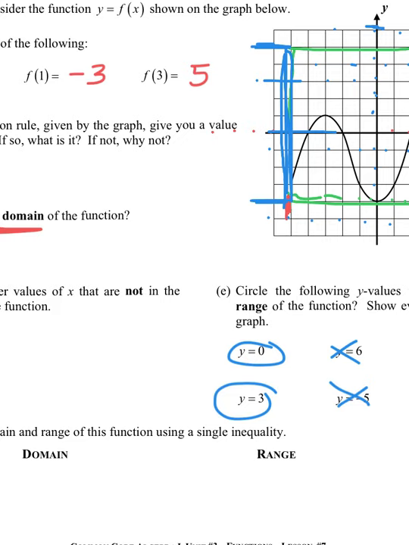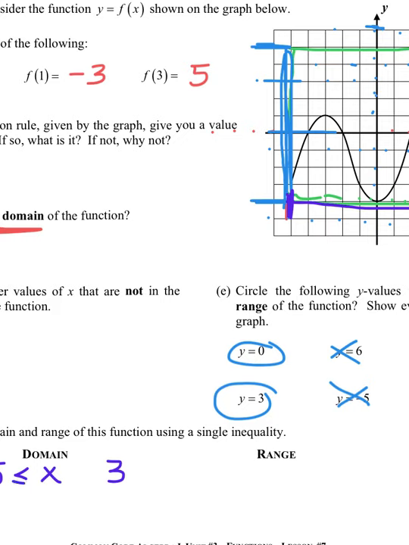In this next question, this is the important takeaway: can we write the domain and the range using a single inequality? Let's think about the domain. The domain goes left to right. The leftmost point it hits is negative 5, so from negative 5 to positive 3, all of the x's in between.